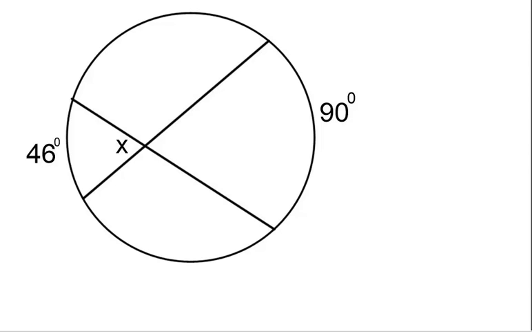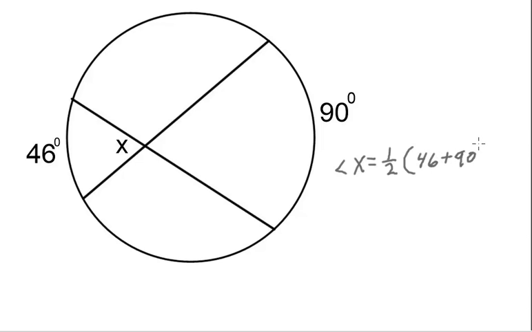We're going to do those same two problems again. We know that these intersecting chords let us find these angles here. The measure of angle x is equal to 1/2 of 46 plus 90.